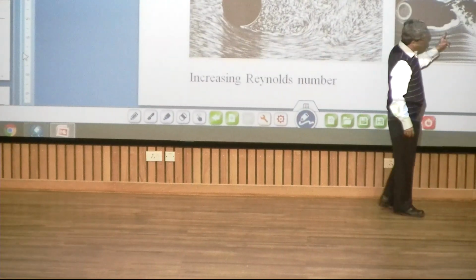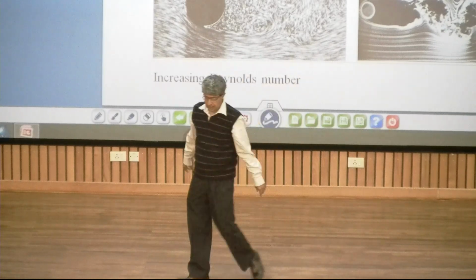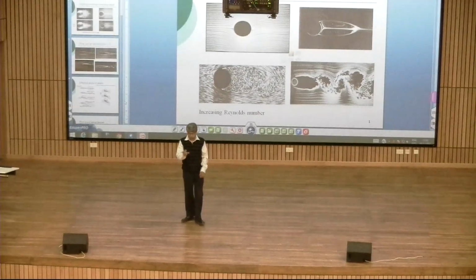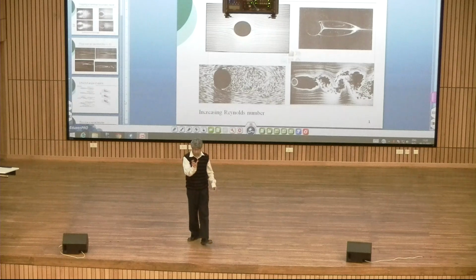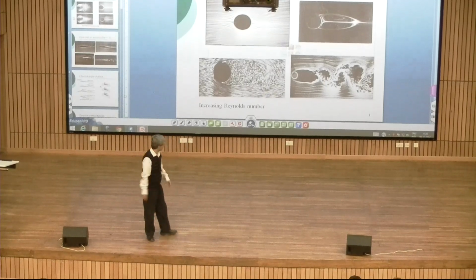This is a rolling up, and they detach from the surface of the cylinder. So, there was a video given to you where the vortices, what are these vortices? These are boundary layers emerging from the surface of the cylinder. They roll up and they are transported with the flow. Okay. These are boundary layers originating from the solid surface, and they are carried by the main flow at higher Reynolds numbers.